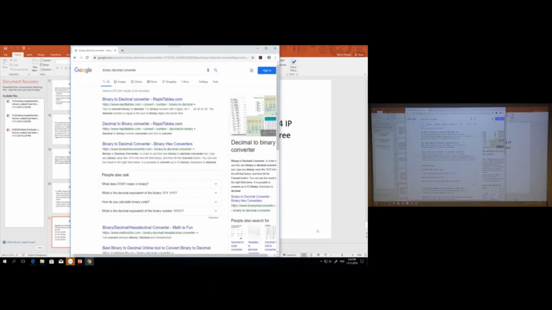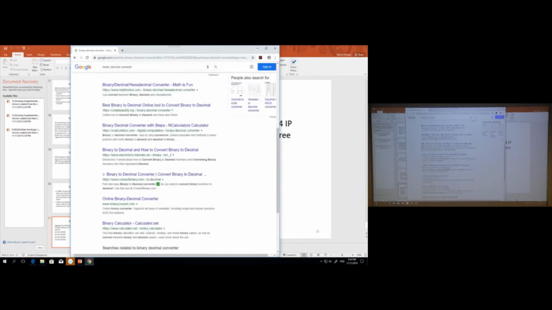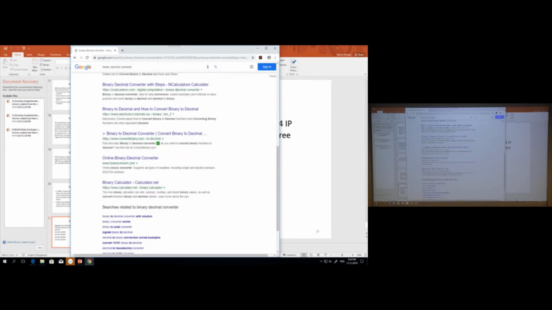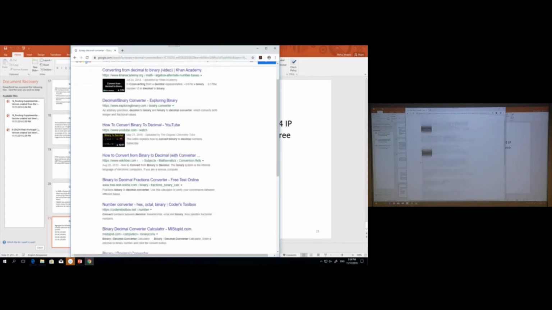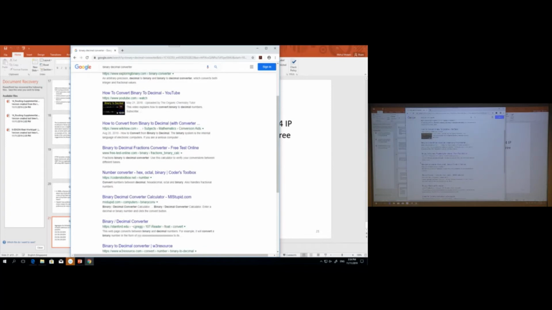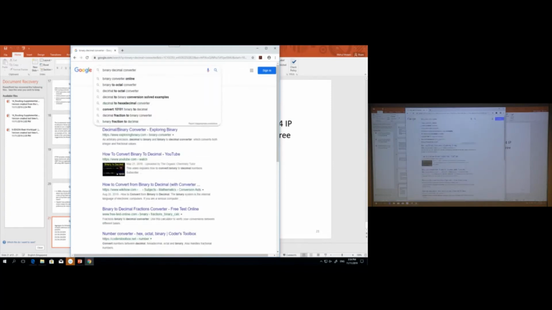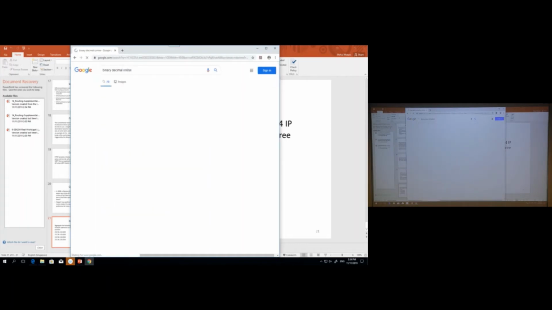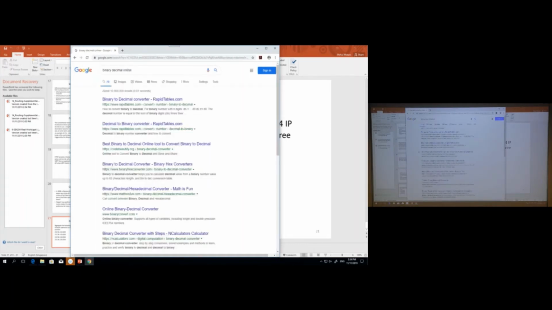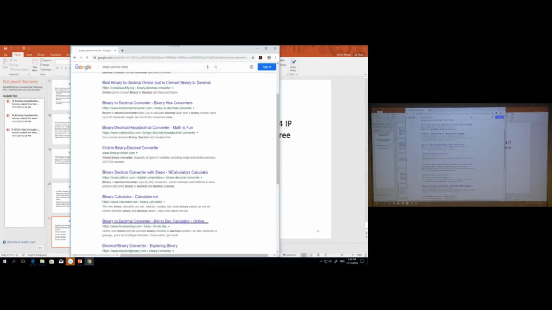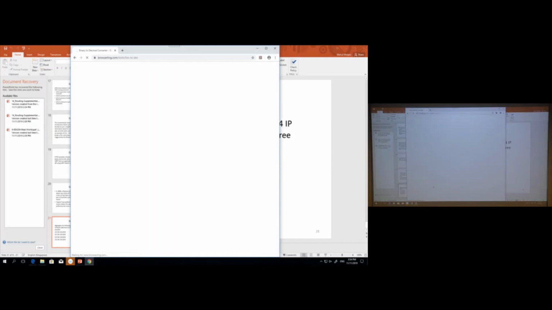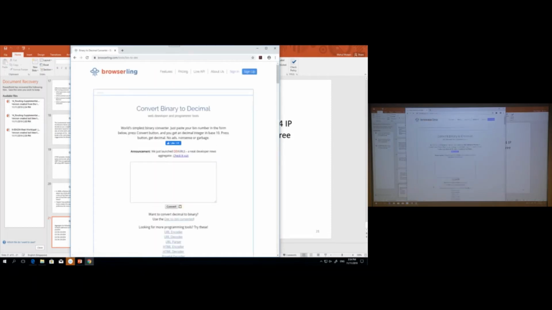There's lots of them, but there's one that I like because it works pretty well. Now I can't find it. I guess any of these will work. Binary decimal online. Any of these will work. Here, this one here. So this might be useful to you to convert between binary and decimal.